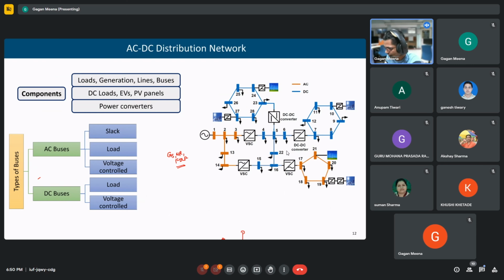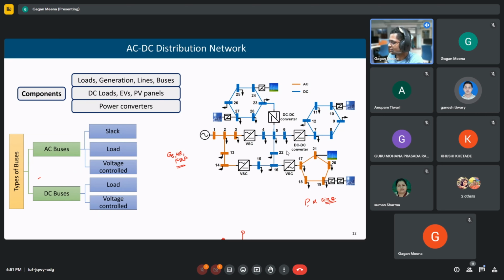What is the decoupling in the transmission system? How is power related to voltage or theta? In the transmission system, it is dependent on theta.